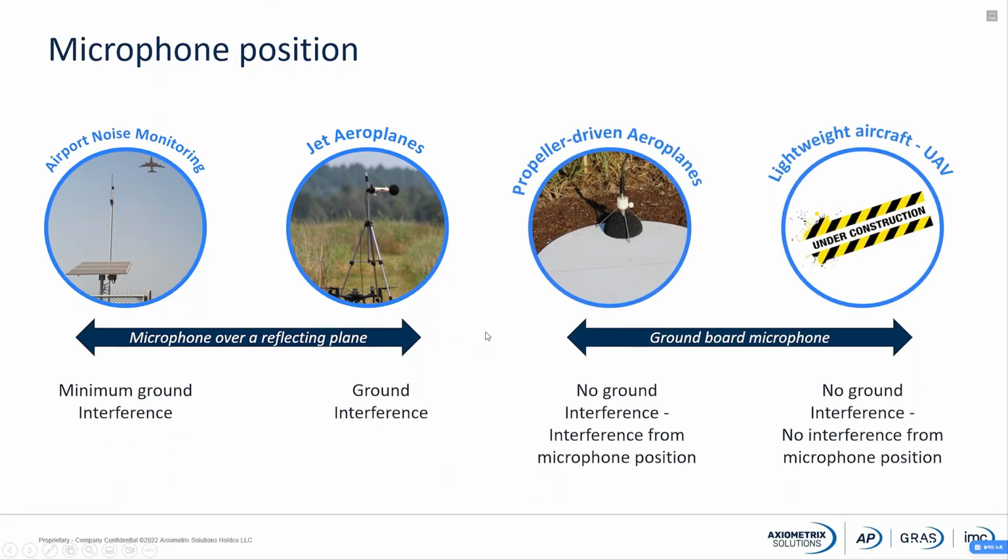In order to get around that, the next standard is talking about an upside-down configuration where you have the microphone on top of a known surface or a plate, and that is not giving any ground interference, but there will be some other disadvantages in this configuration. And then, of course, this lightweight or UAV standard is going to be something different, because the three existing ways of doing it are not very practical or useful for UAVs.